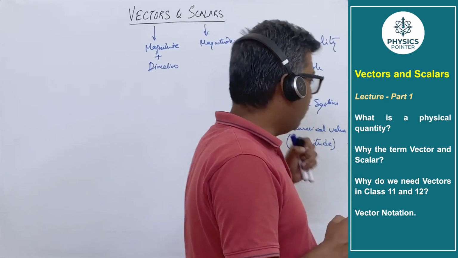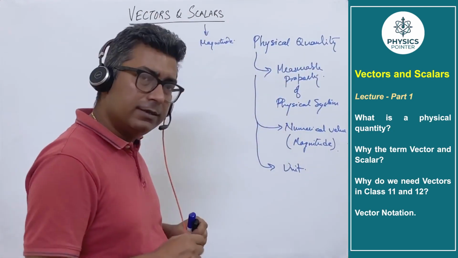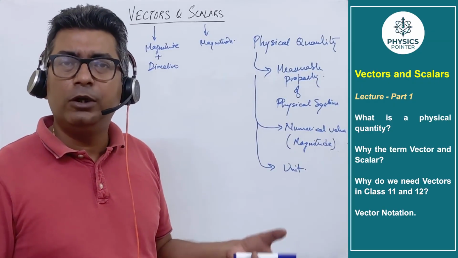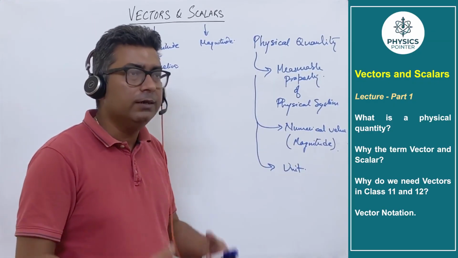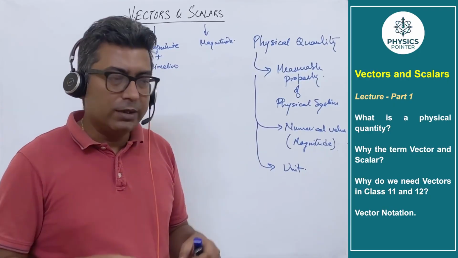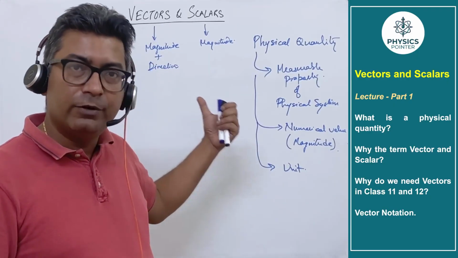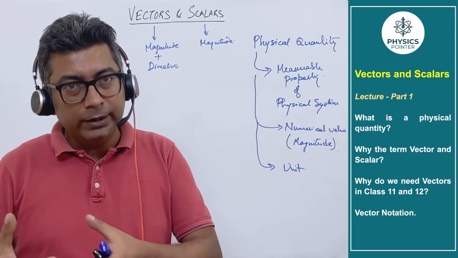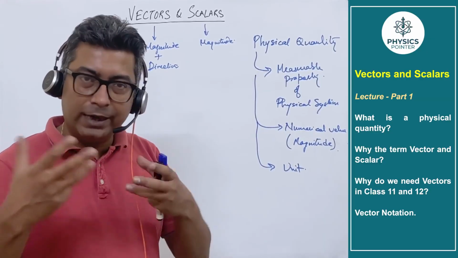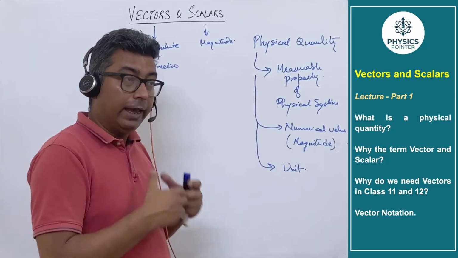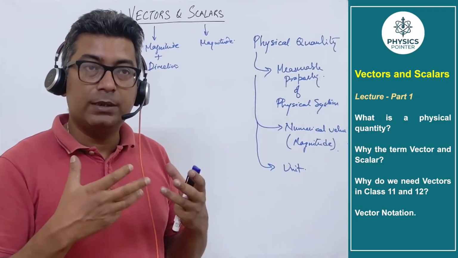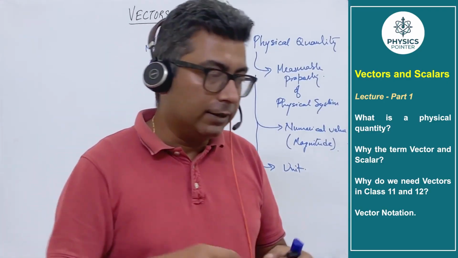Now, considering why we use the terms vectors and scalars, very obvious. Most of these terminologies that we actually read are coming from Latin words. So vector directly comes from a Latin word, which means carrier of a quantity from point to point. So that is the reason we just use it. And scalar comes from a word scala, which is about steps or ladders.